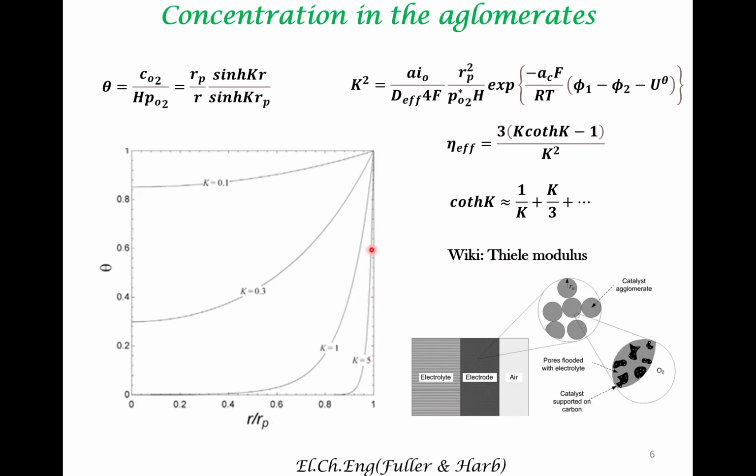Even in this case, as you increase K and go inside the catalyst particle, the concentration decreases significantly, so the inside is not effectively utilized. So you have to do certain things. Either you can decrease the catalyst particle radius or make a few other changes with respect to other parameters in such a way that the concentration of one of the reactants or all the reactants is adequately uniform so as to increase the efficiency.